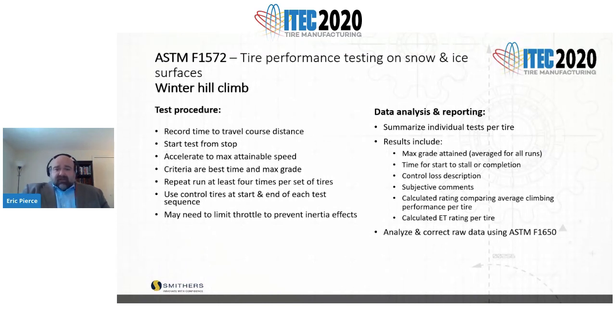Subjective comments, and then calculate readings comparing the average climbing performance to the individual tire. And finally, calculated elapsed time ratings for each particular tire. Now, this particular hill climb can be used to correct the data using ASTM F1650, which we're going to get into a little bit later.